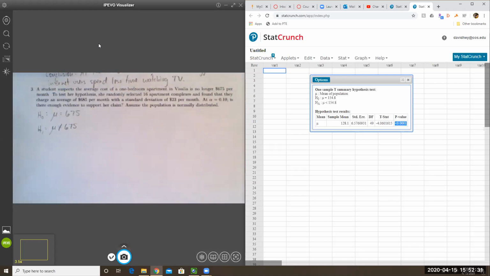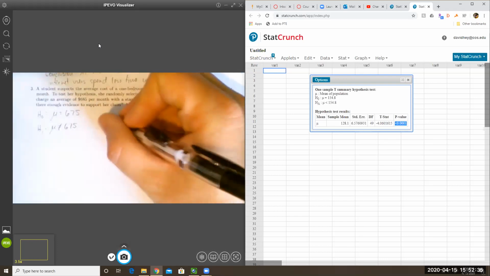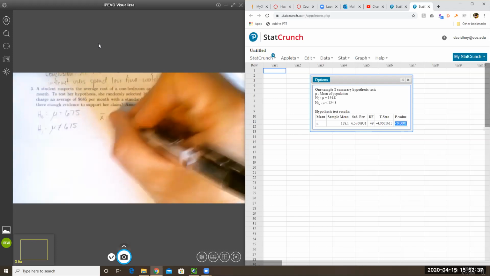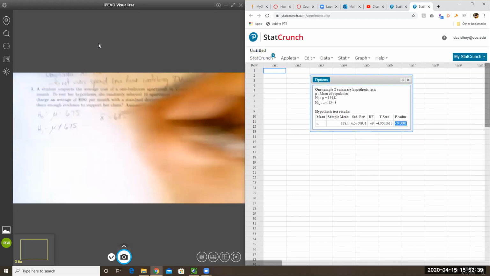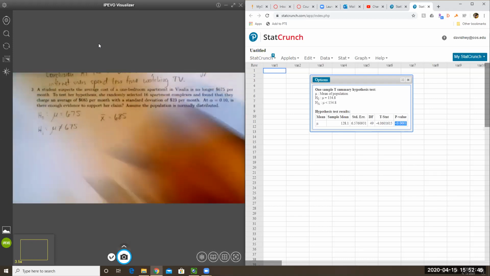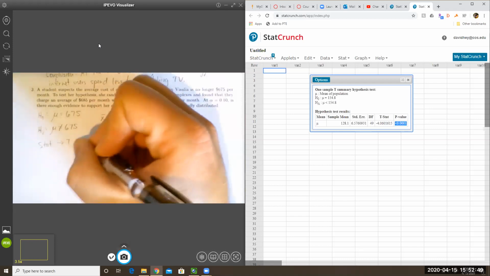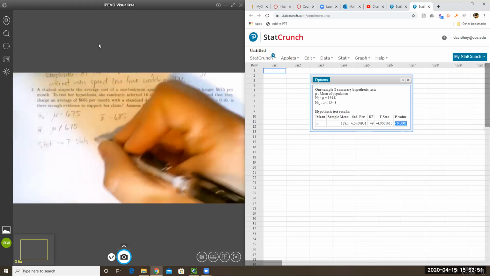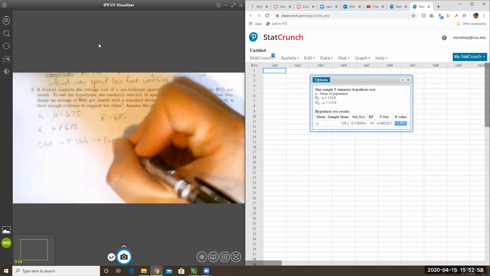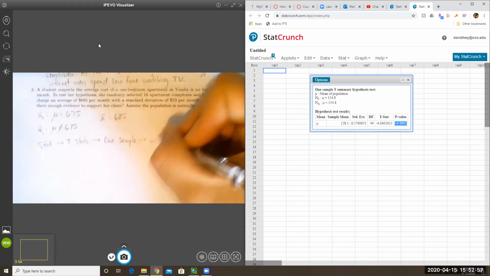Well, what sample evidence does she have to support this claim? Well, she went out and collected a sample and got a sample mean of 685. Right? That's different than 675 to be sure. Is it different enough? Let's see. We go to stat, t-stats, one sample with summary.